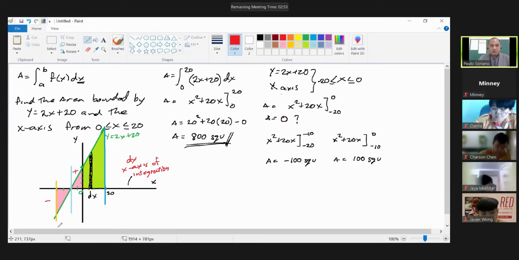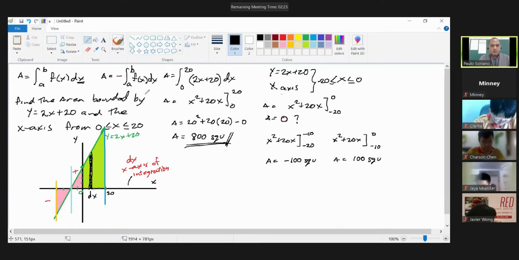So to counter it, you have two methods. If it is below, you reverse the limit. That's one method, but for me that is confusing, so I don't use that. What I do is I just put a negative sign in front of the integral from a to b of f of x dx.